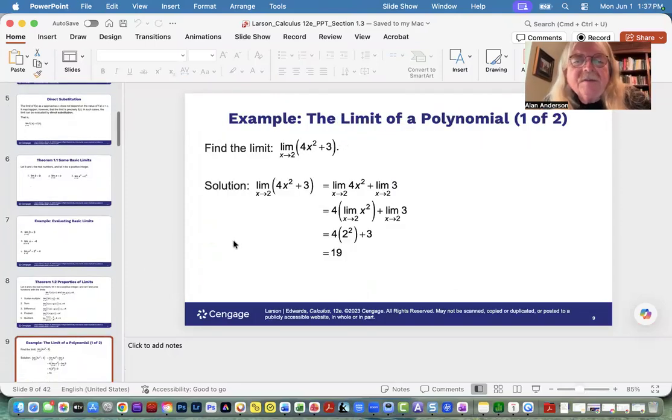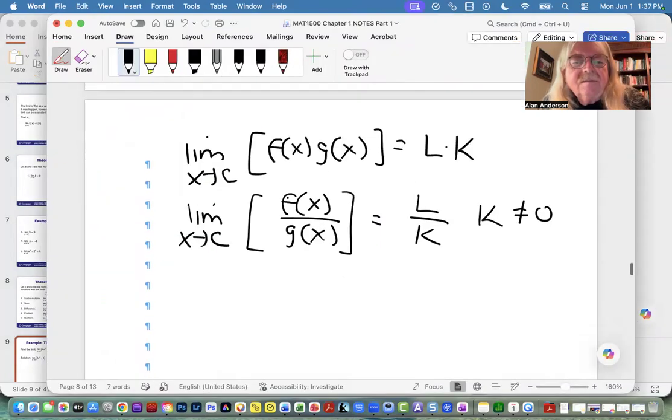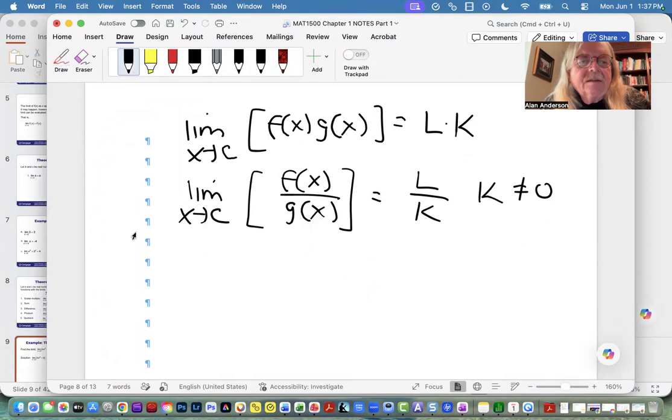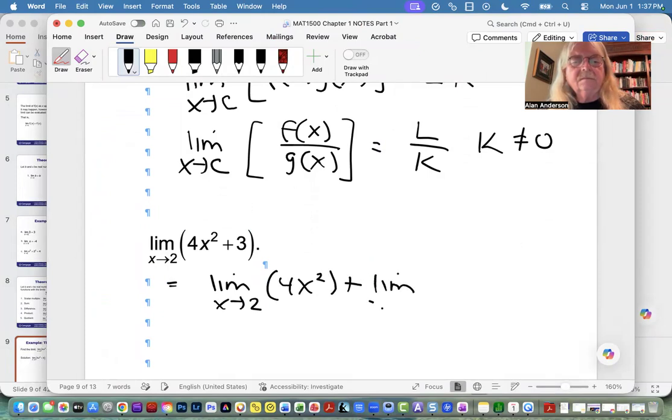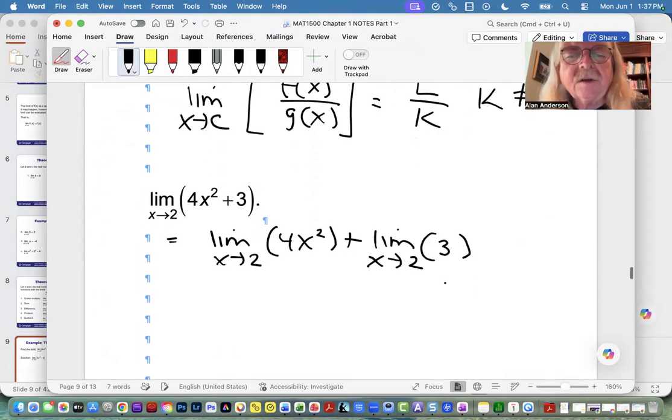So let's see what kind of examples. Here we go. So let's try one of these. Finally, we get some actual numbers. I like numbers better. Okay, so I broke it up into two pieces.